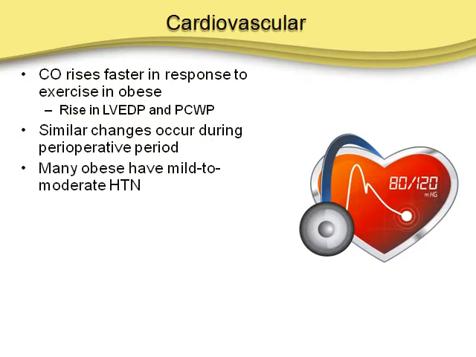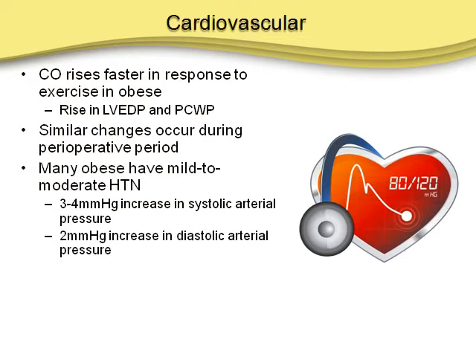Many obese patients have mild to moderate hypertension, with a 3 to 4 millimeter of mercury increase in systolic and a 2 millimeter of mercury increase in diastolic arterial pressure for every 10 kilograms of weight gain. Normotensive obese patients have reduced systemic vascular resistance, which rises with the onset of hypertension.